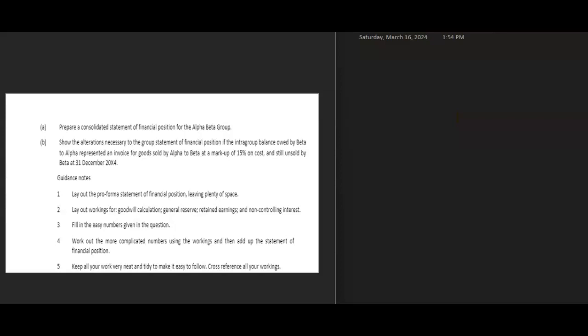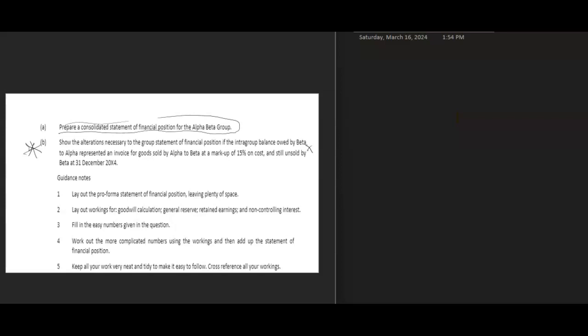Notice that this one is very important, and usually it would be embedded in our workings, but it has been put as part B. Because we are supposed to prepare the consolidated statements first, we will ignore this part as though we don't know that we had some unrealized profit.